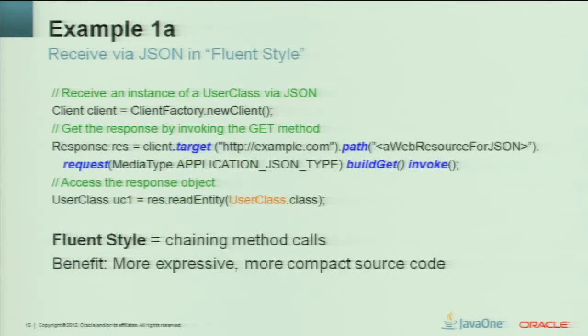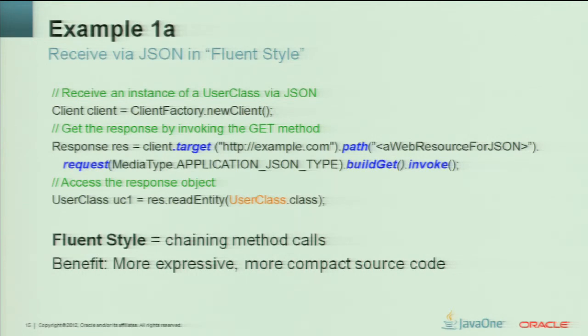So now we convert this into Fluent style. It's the same example. So boilerplate code again, client factory new client API. We get the response by invoking the get method, and now we just do it in a single line. So we do client.target with the URL, then we add a path with the web resource.